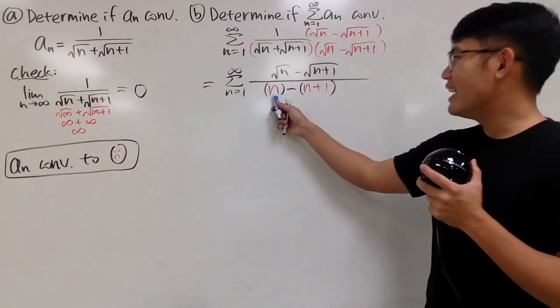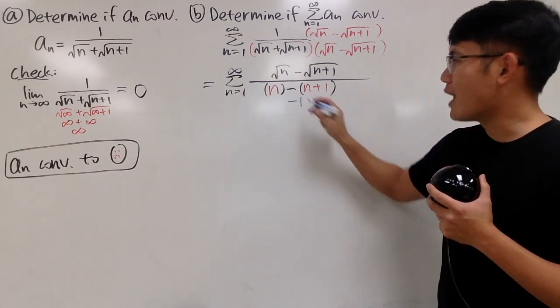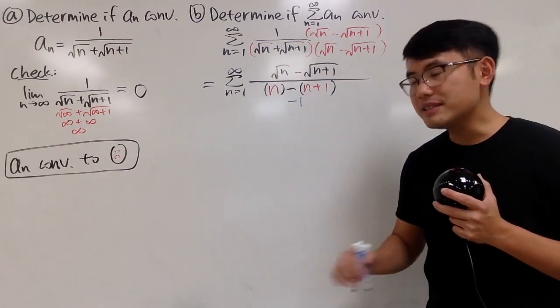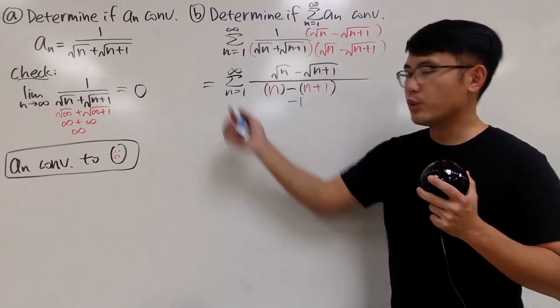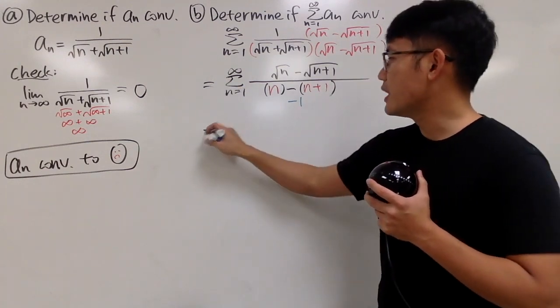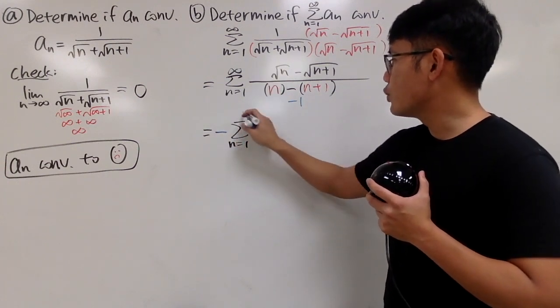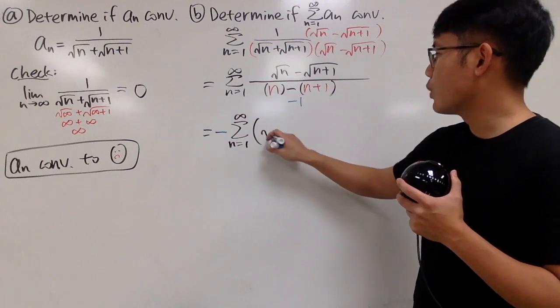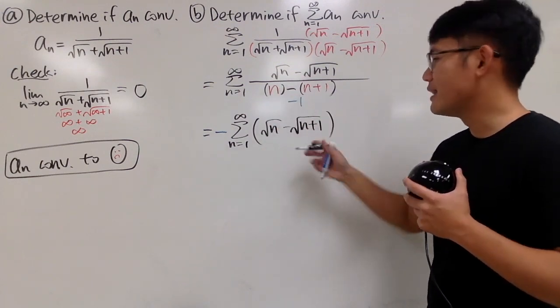Look, n minus n is 0, and then distributing the negative, we get negative 1. Because we have the over negative 1, let me put the negative 1 all the way in the front of the summation. So we get negative sum, n goes from 1 to infinity, of square root of n minus square root of n plus 1.